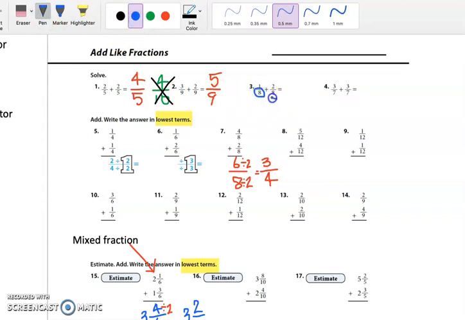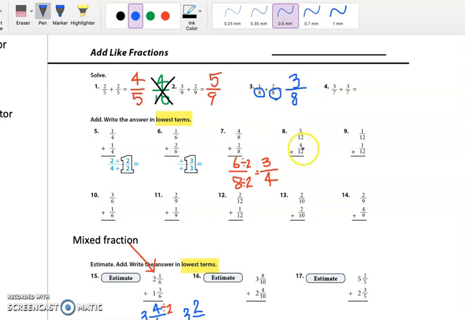So we don't need to change or synchronize the denominator, but just take it and write it down. Now all we need to care about is the two top numbers, and we are going to add them, and this will give us 3 out of 8.